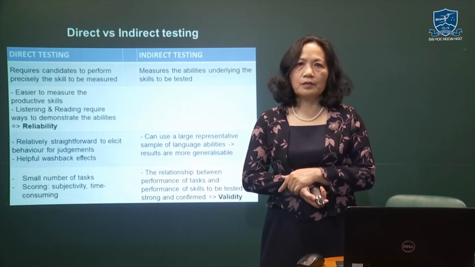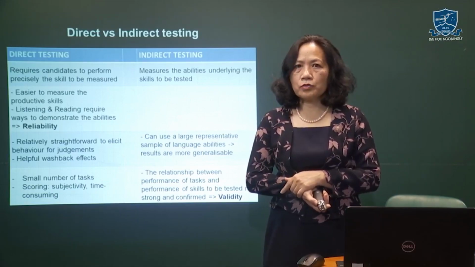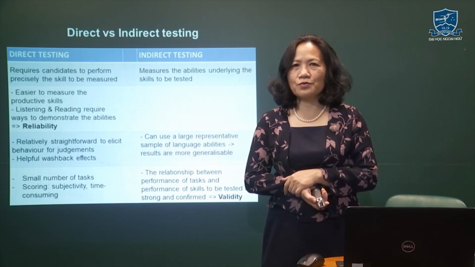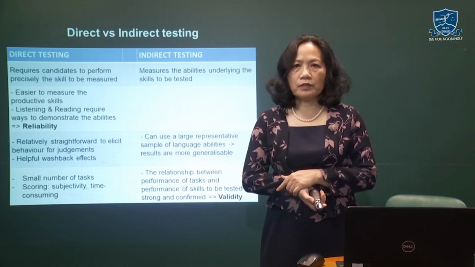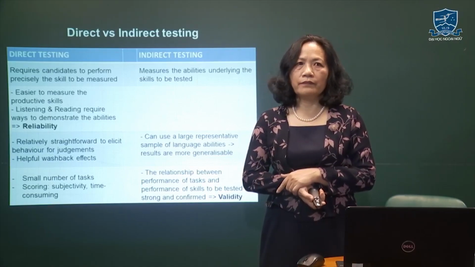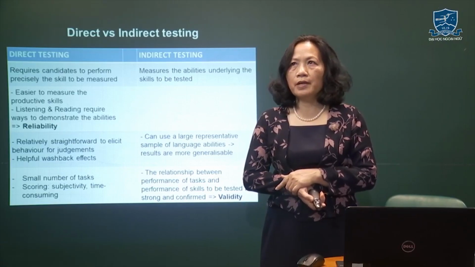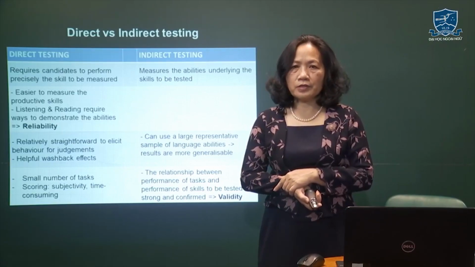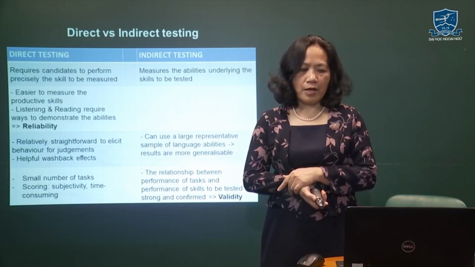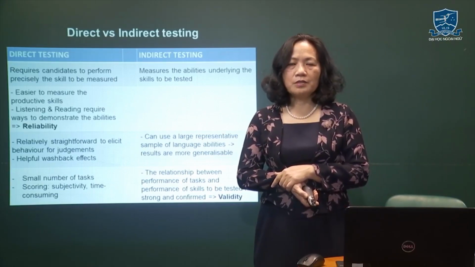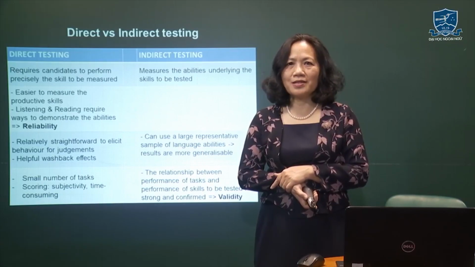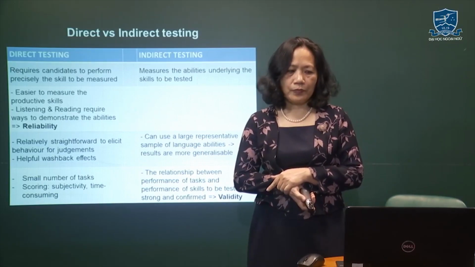So through doing the exercises or through writing down the answers, the ability of reading may not be reflected in the answer, because the ability to write may interfere with the ability to understand the text.